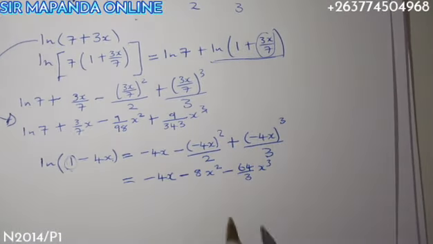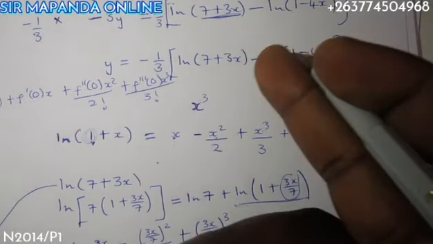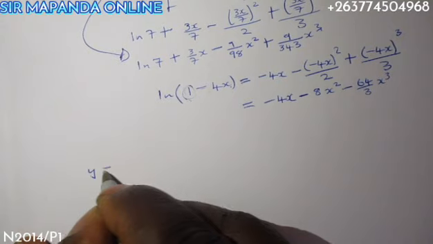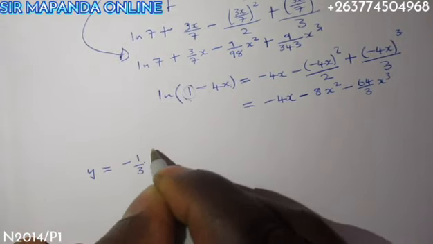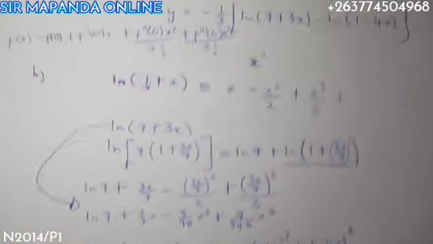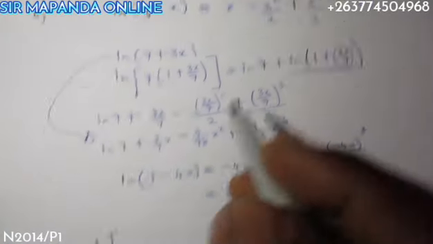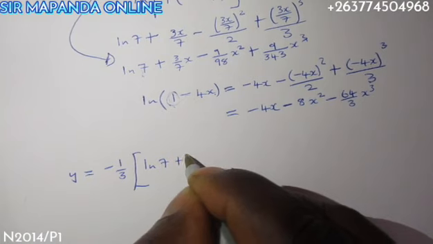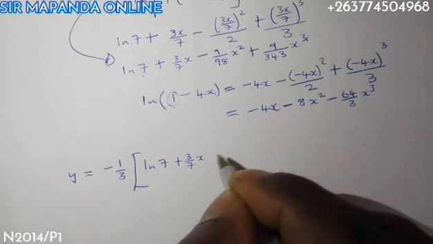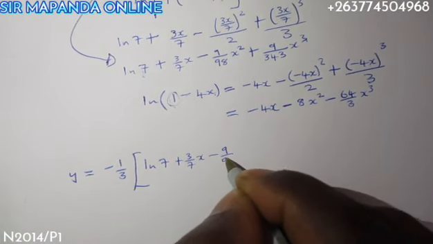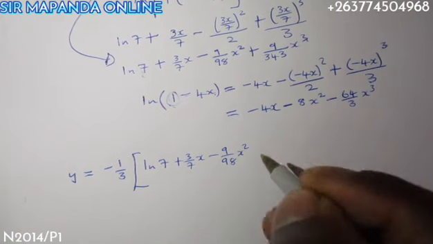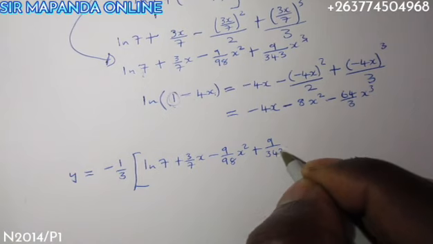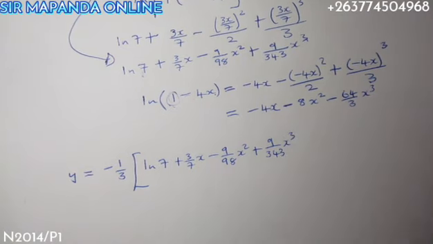Right. So let us substitute our answers in this y. You get y is equal to minus 1 over 3 open bracket. This is ln of 7 plus 3x. We found it to be ln 7 plus 3 over 7 x minus 9 over 98 x squared plus 9 over 343 x cubed.